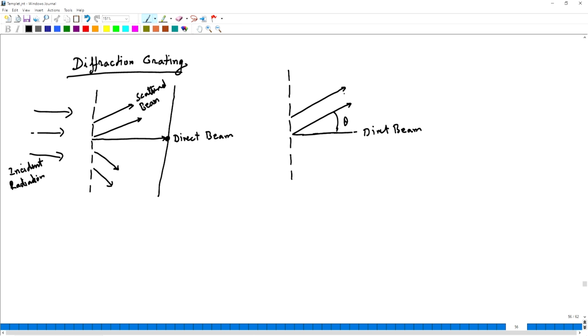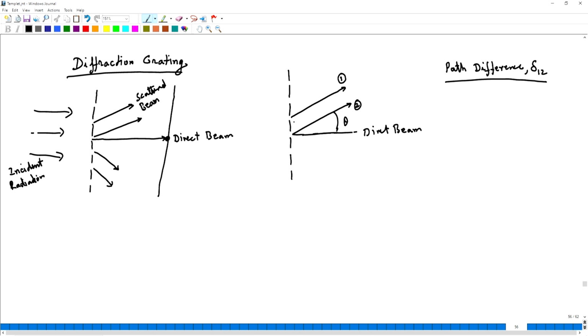If I look at these two rays 1 and 2 and want to find out the path difference between them, let me call this delta 1 2 to represent the path difference between ray 1 and ray 2.